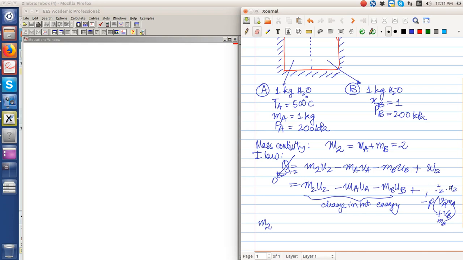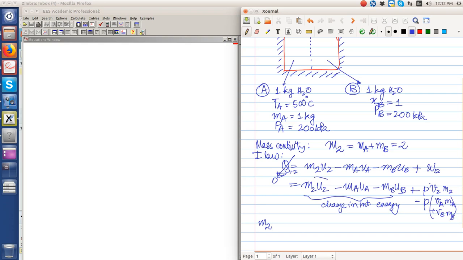So let me write this down properly. The work done is equal to P times the total volume at state 2, which is V2 M2, minus the initial volume, VA MA plus VB MB.